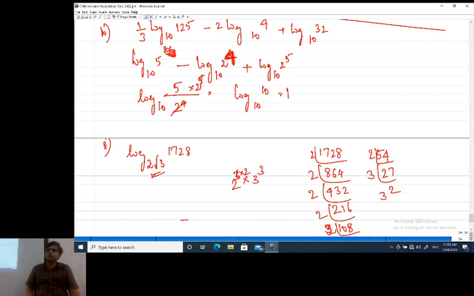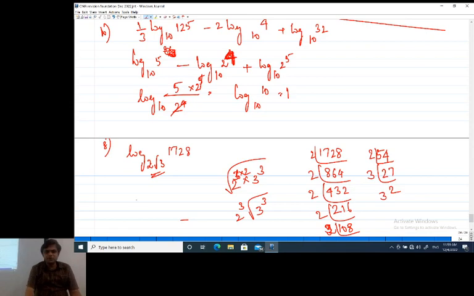Now when I take the square root, what happens? The 2 cubed comes outside, and inside the 3 cubed is stuck. One 3 comes outside and root 3 remains. Keep it this way for now. There is a reason why I am retaining it this way.